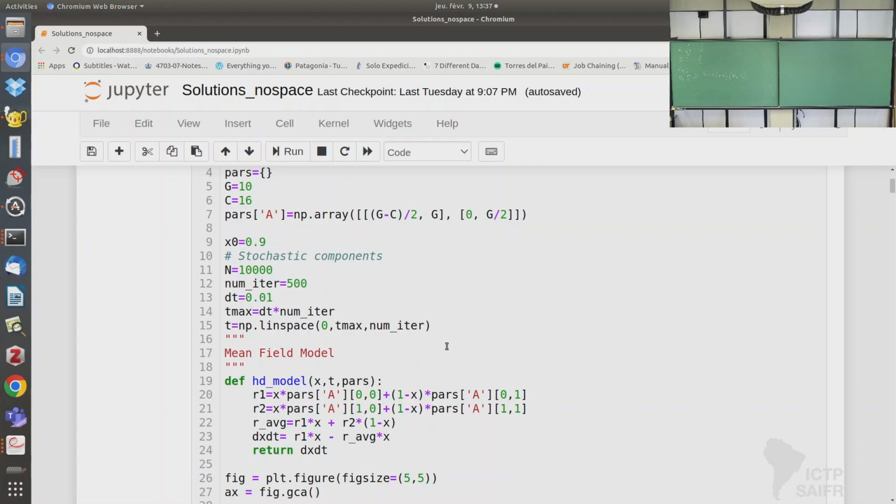So I actually simplified the notation like that when I was teaching you this. Perhaps it's easier if you think about that matrix rather than this one, because you don't need to give a tuple here. It's just G minus C over 2, G, 0, G over 2.